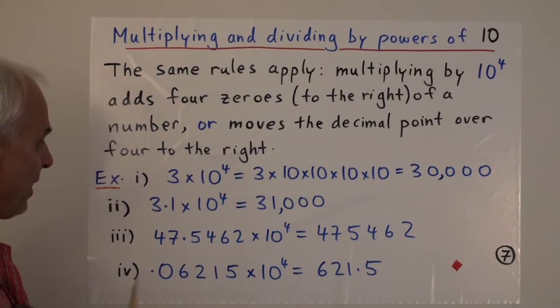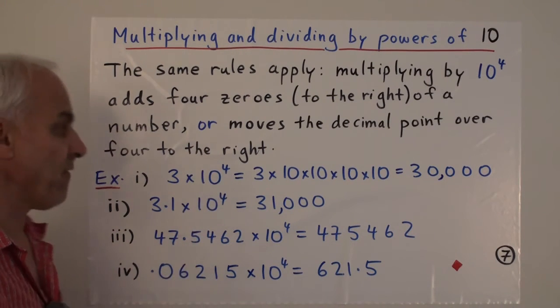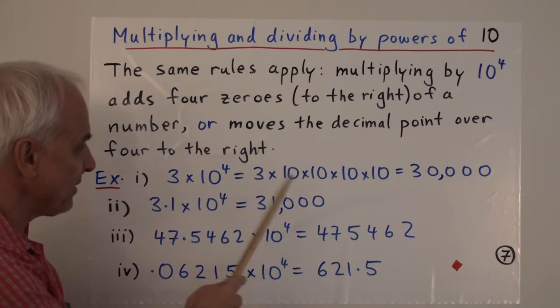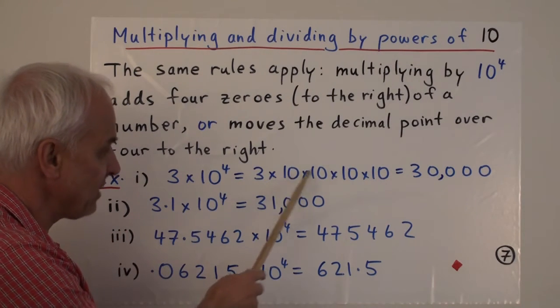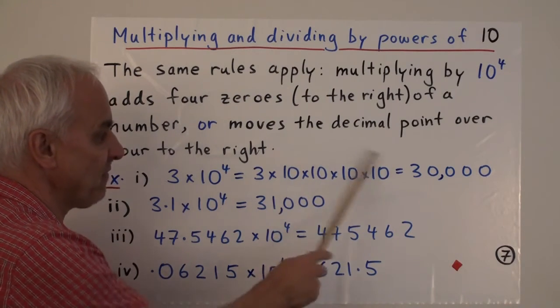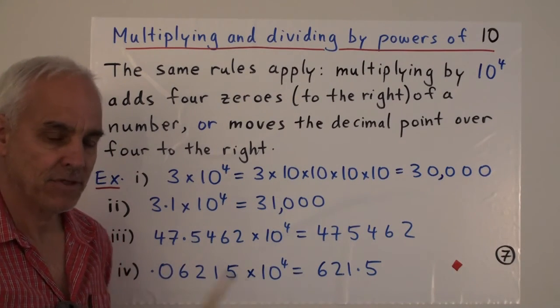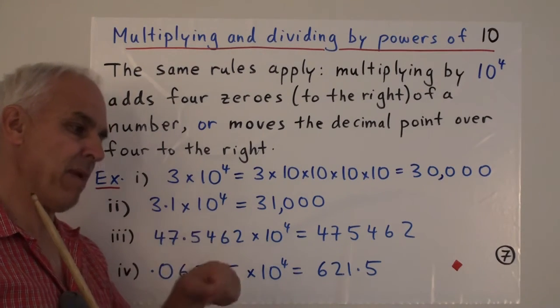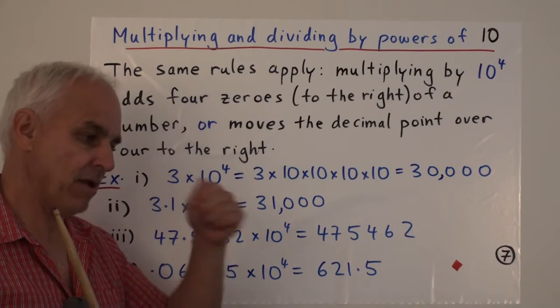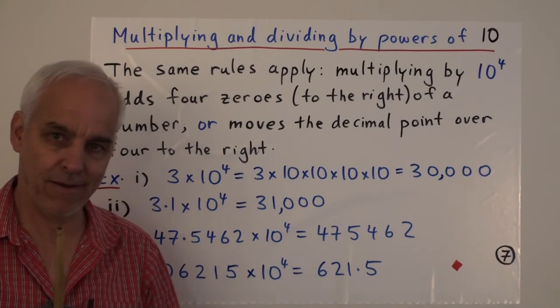For example, 3 times 10 to the 4. One way of thinking about that is it's 3 times 10 times 10 times 10 times 10, because this is 10 to the 4. So in your mind you can think that we're multiplying by 10 4 times. Multiply by 10, multiply by 10, multiply by 10, multiply by 10.